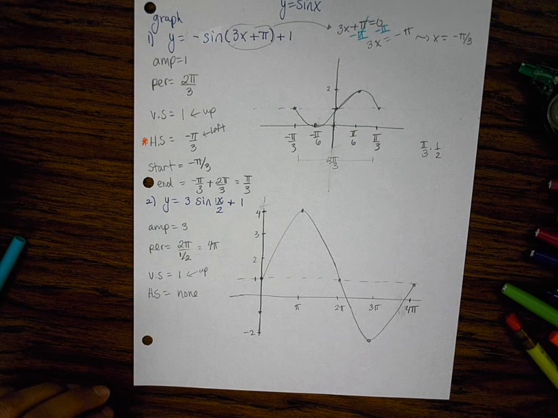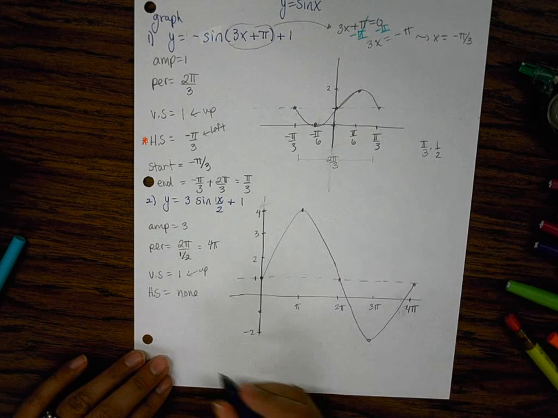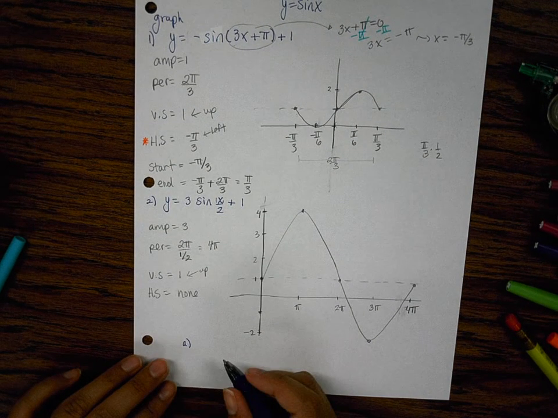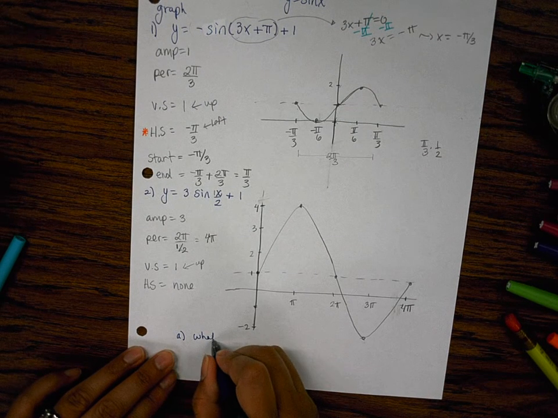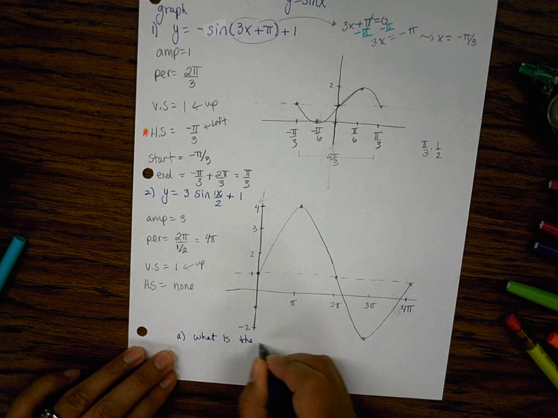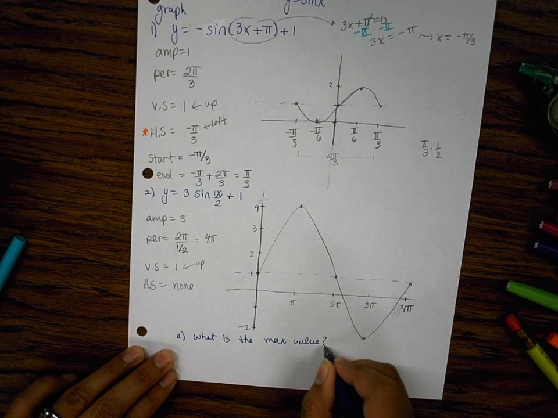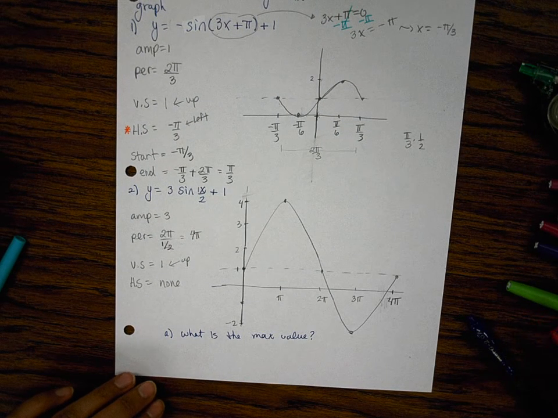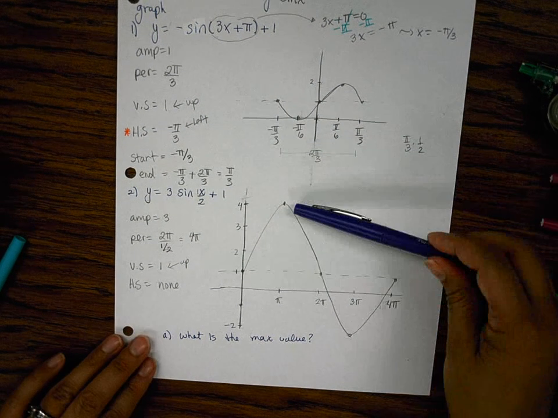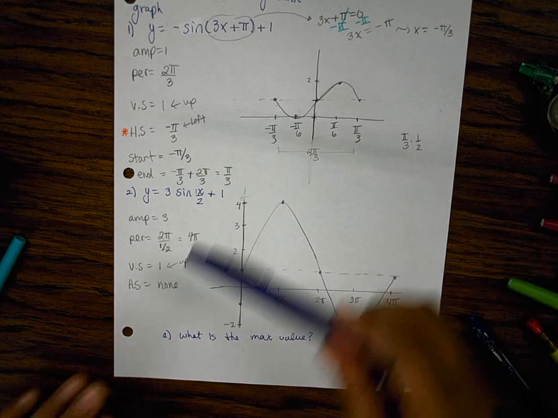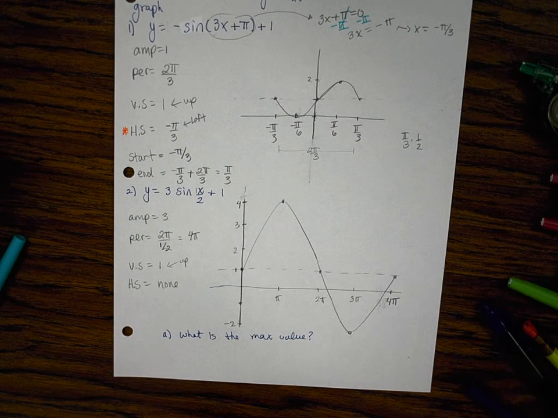Okay, I'm going to ask you a few questions. A, what is the maximum value? Write that down. What is the max value? The maximum value is the highest point here, and what is that value?